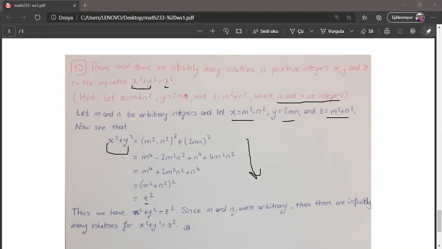As there were no limits for m and n, there are infinitely many solutions, because we can pick any m and n to get x, y, and z, right? That's why there are infinitely many solutions for x squared plus y squared equals z squared. So that was the last question of the worksheet.